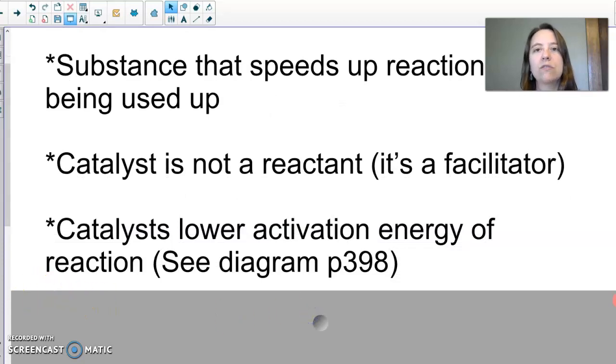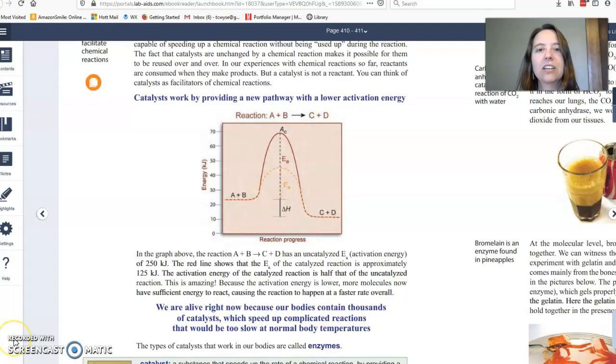And how does it make it go faster? Well, catalysts will actually lower the activation energy of the reaction, and that is why the reaction will happen faster, because there doesn't have to be as much energy for the chemical reaction to occur. Looking in our book on page 398 at the energy diagram, we have energy and then the reaction process.